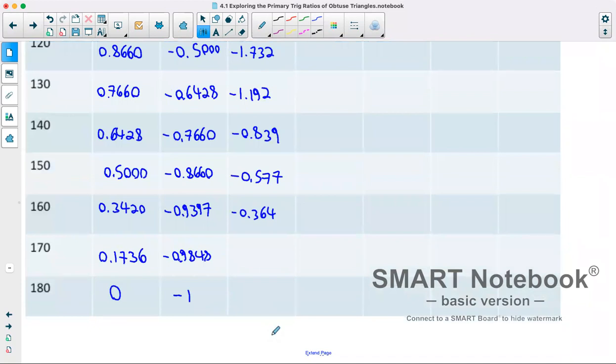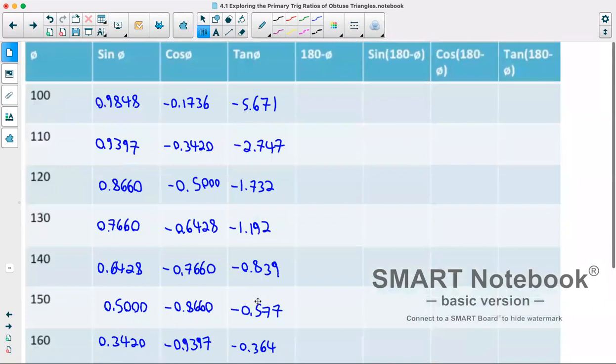Tan of 170 gives us negative 0.176. And tan of 180 gives us 0. Okay, so we've written out our trig ratios for sine, cosine, tan for every increase of 10 degrees from 100 to 180 degrees.